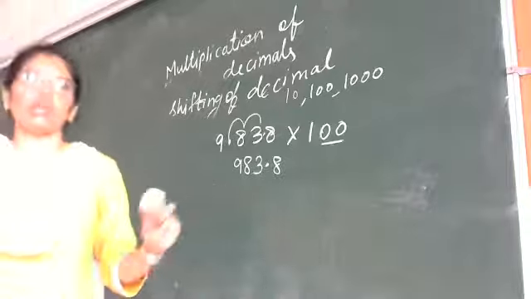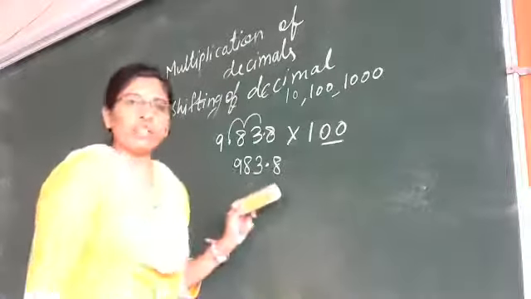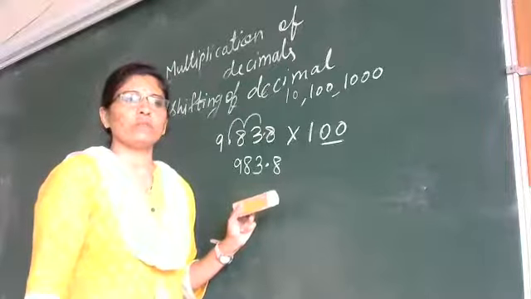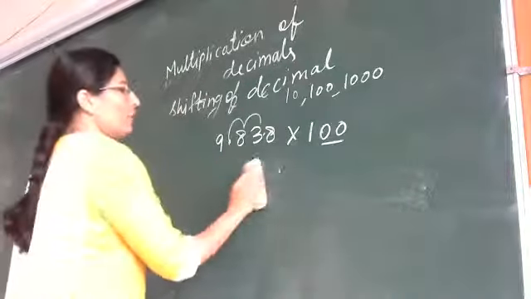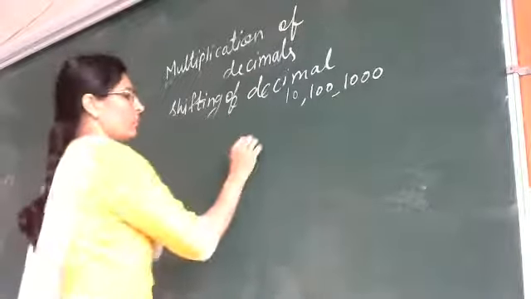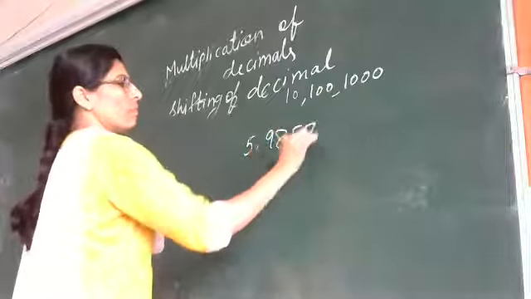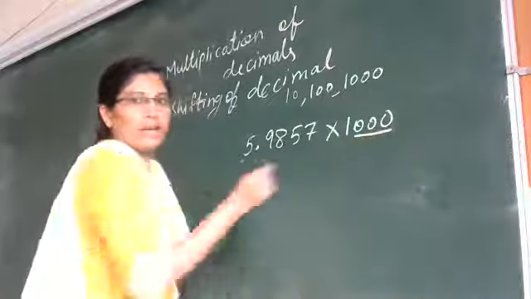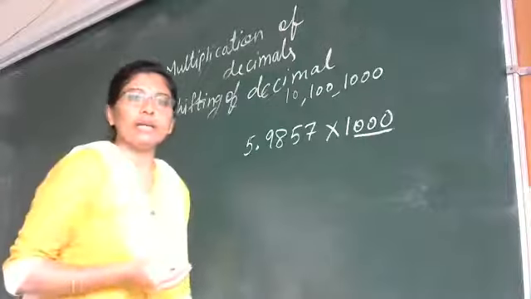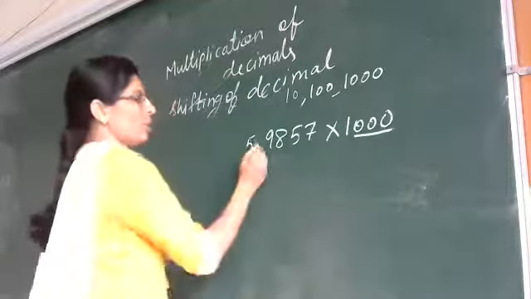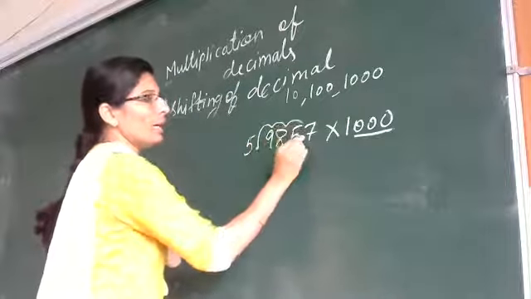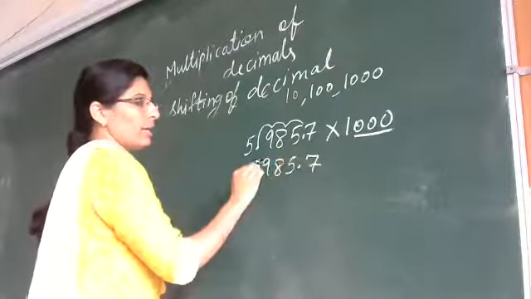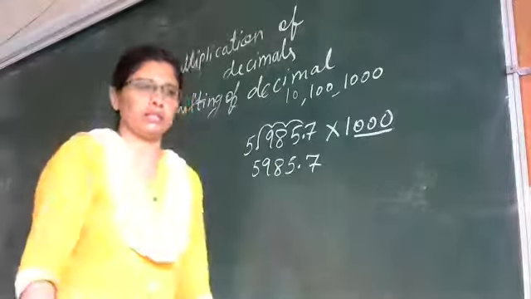Shreya, what are you typing? Okay, understood how to do? Yes or no? 5,985.7.